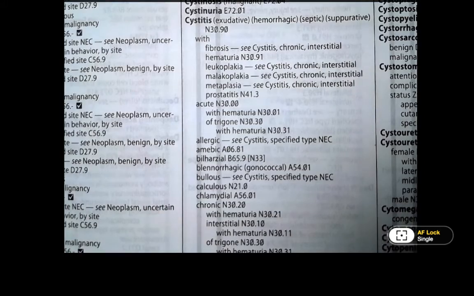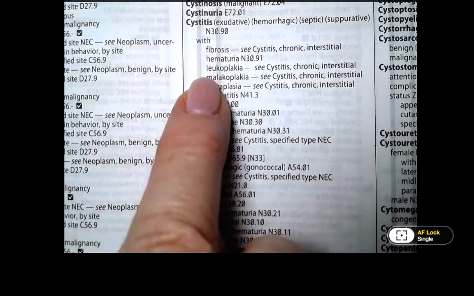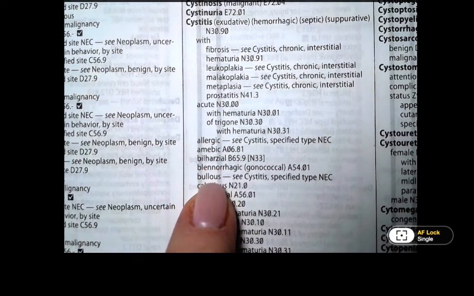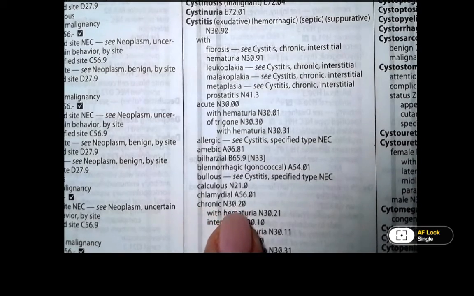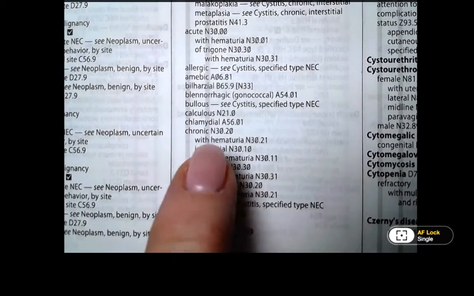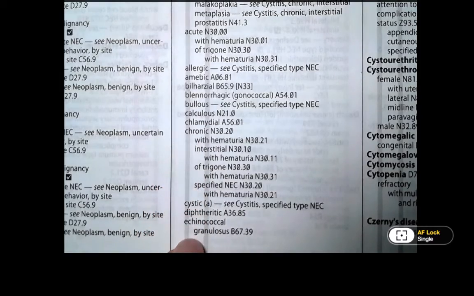So when we look in our code book, here's cystitis, and we start looking down here. There's acute, here's chronic, but none of these subterms are gonococcal. So we're going to go back to that indentation level and start looking for gonococcal.